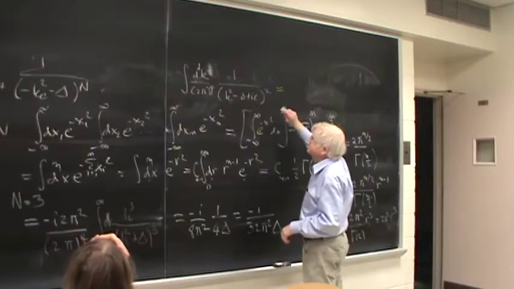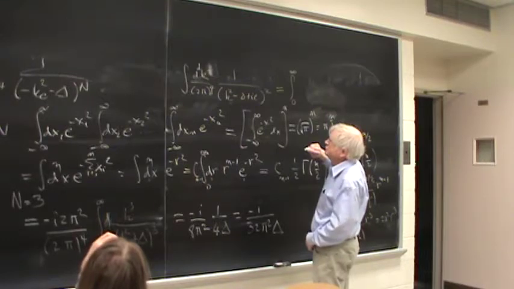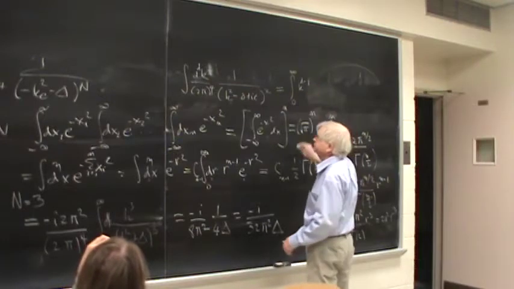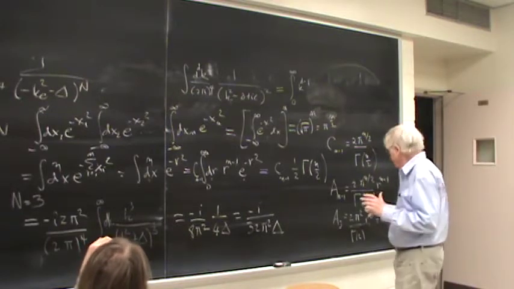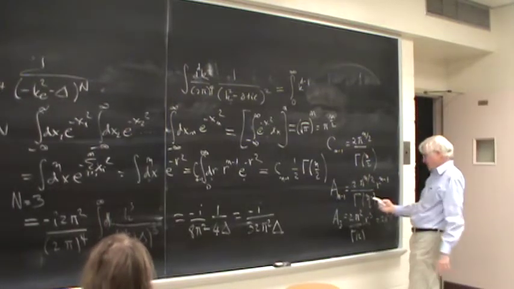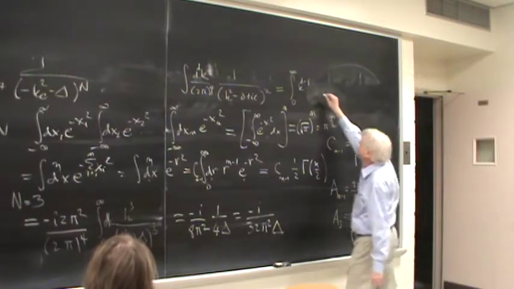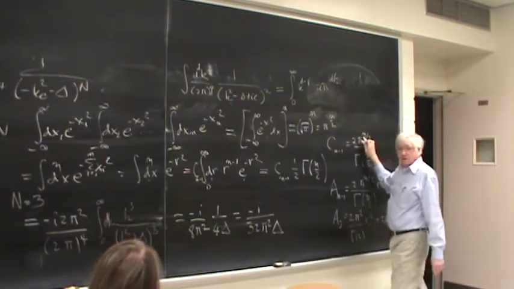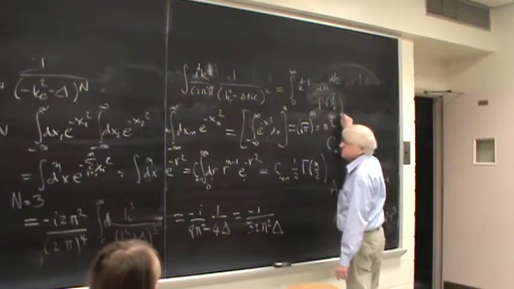Well, this thing would be an integral from 0 to infinity. It would be k to the d minus 1, right? It would be the area of the sphere in d dimensions. Now let's get this straight. d dimensions, so it's the d minus 1 thing here. So it's 2 pi to the d over 2, right? Divided by gamma of d over 2.